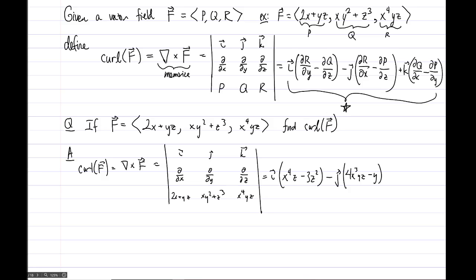And then plus k times, and then look at this 2 by 2 determinant. First partial derivative with respect to x of xy squared plus z cubed, and that should land us with just a y squared, minus partial derivative with respect to y of 2x plus yz, and that should give us just z.